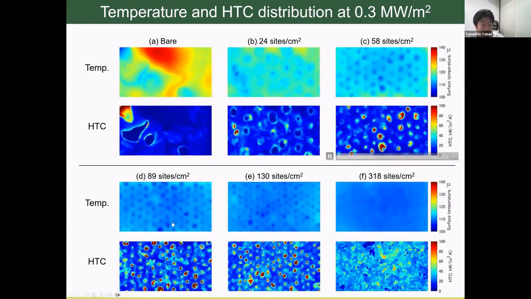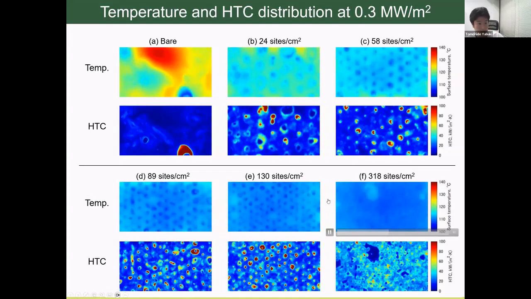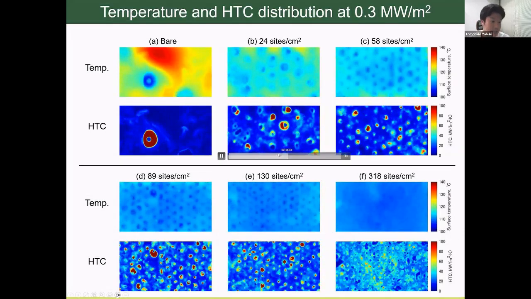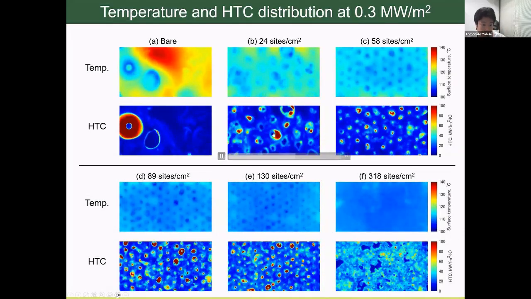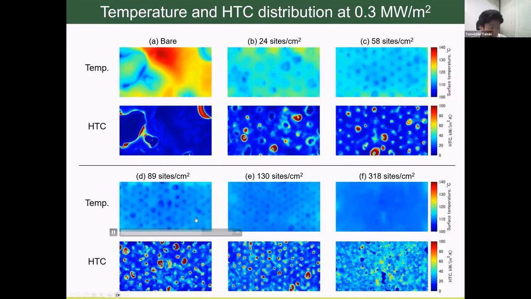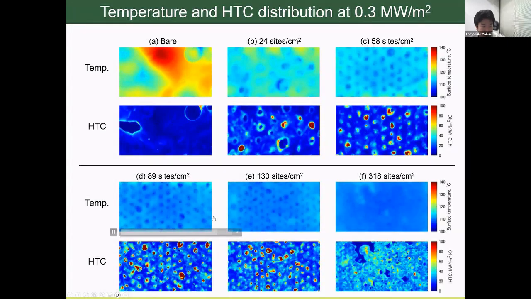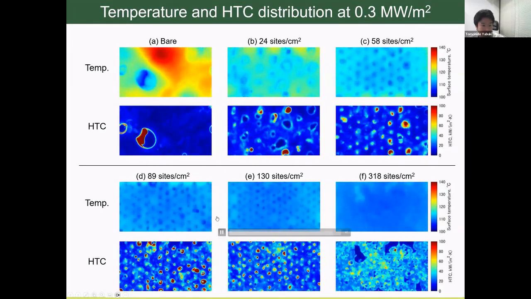In this section, the nucleation site density is increased, and we can see the bubbles are well aligned on the surface. So we confirmed that the prepared superhydrophobic spots act as nucleation sites.